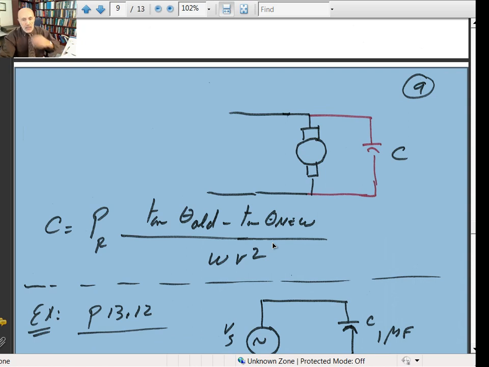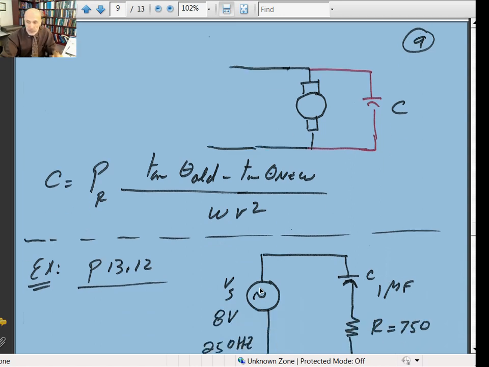Let's look at an example, problem number 12, on page 419. It says, refer to figure 13-35B. Calculate the value of resistance and reactive power for the circuit shown.